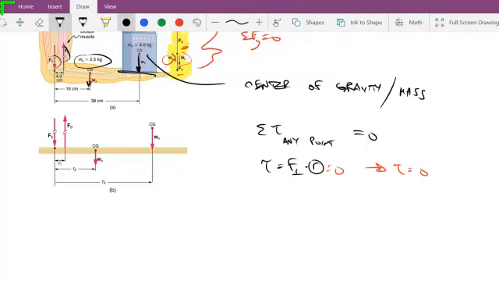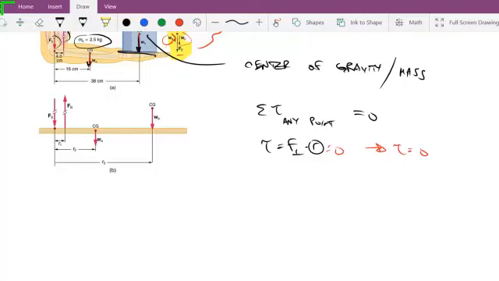So when I'm calculating my sum of torques, I want to choose either this point here or this point here. That way, because I don't know the force of the elbow or the force of the bicep, the torque created by the elbow force around this first point would be equal to 0, because the elbow force goes right through it.